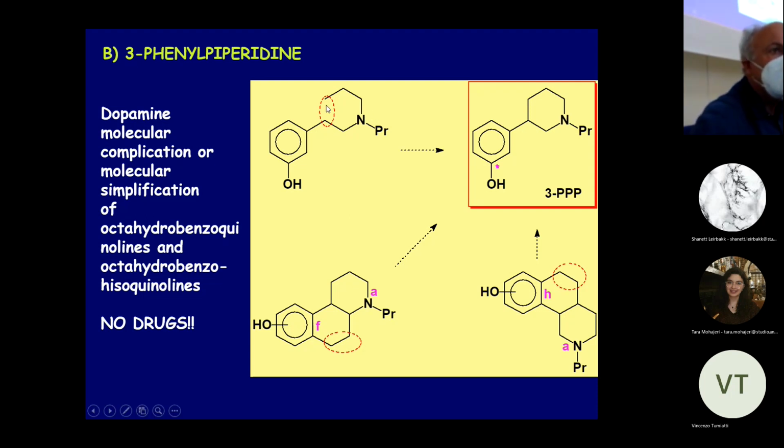But it is interesting to describe the strategy: the introduction of a cycle by incorporating the normal propyl chain of one substituent. Nevertheless, at that time they didn't find any drugs in this class.